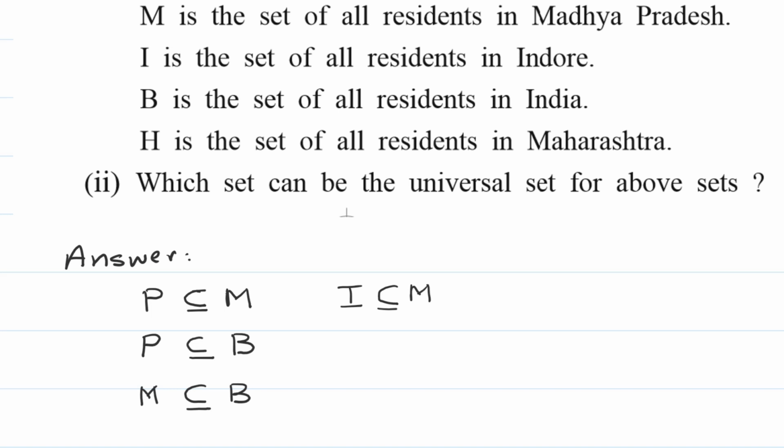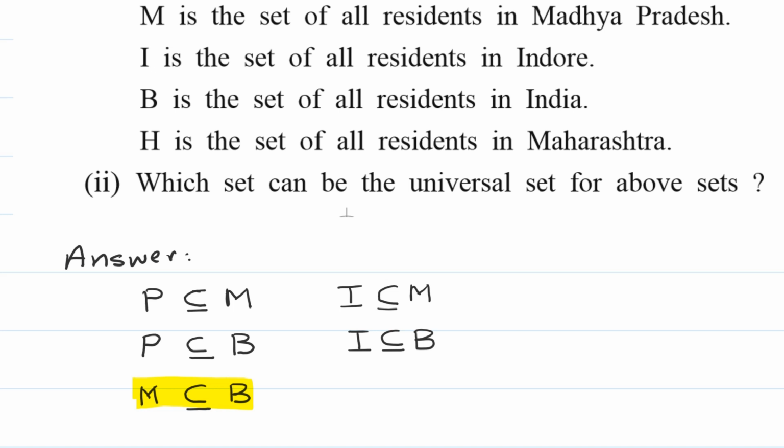And Madhya Pradesh is part of India, so I is a subset of M, but M is a subset of B, therefore I is a subset of B. All residents of Indore are also residents of India.